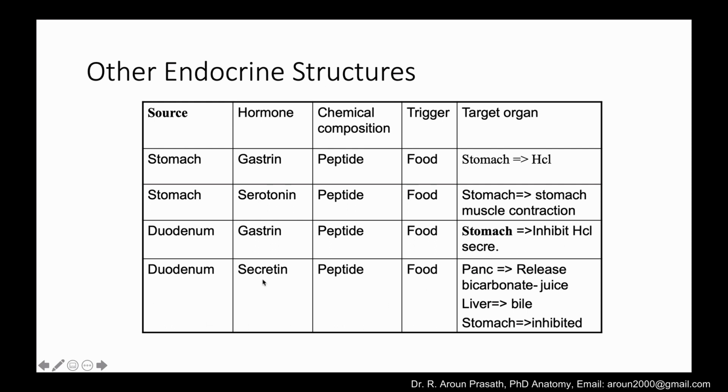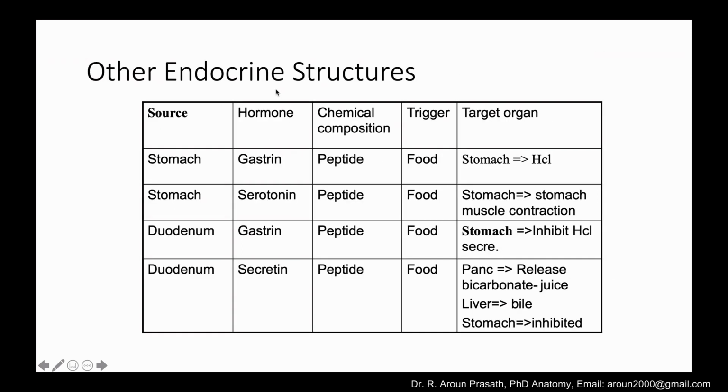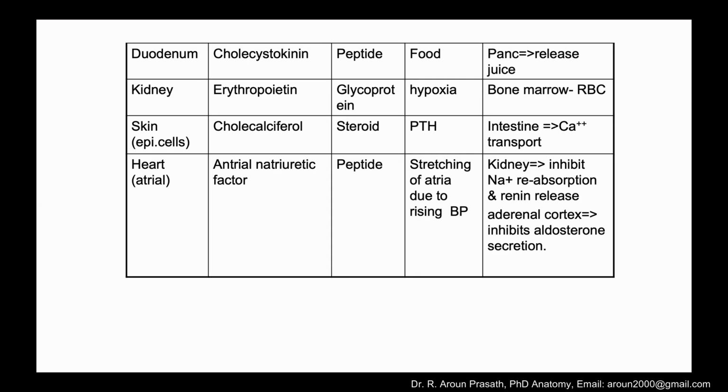Then the duodenum secretes secretin that makes the pancreas release pancreatic juice, the liver secrete bile, and the stomach inhibit acid release. The duodenum also secretes cholecystokinin, which makes the pancreas release pancreatic amylase.